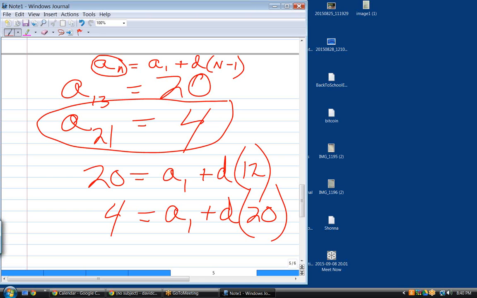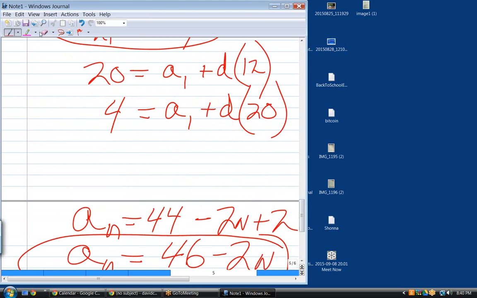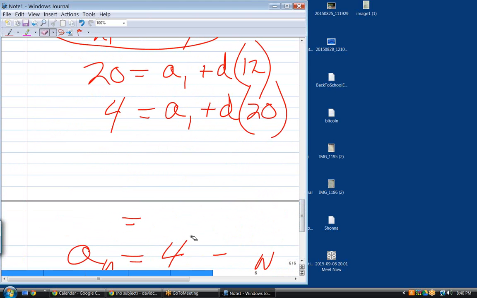So now I have those two equations. And to solve them, what's the best way to solve those two equations? Remember, in order for us to write the final equation, we need an a sub 1 and we need a d. So I need to solve these two equations to get a sub 1 and d. What's the best way to solve those two equations?